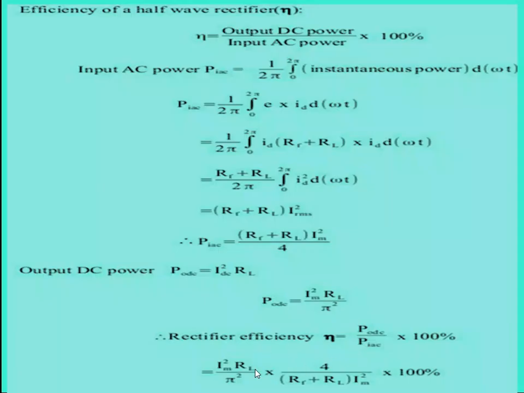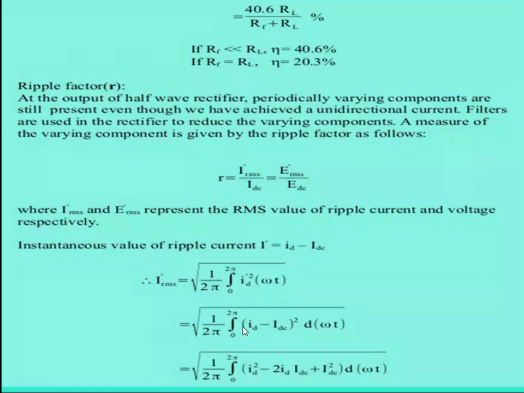And what is the value? It comes to 40.6 into RL by RF plus RL. What is RL? RL is the load resistance, RF is the diode resistance. So you can understand that the diode resistance is very small. When it is equal to the load resistance, then the efficiency will drastically reduce, almost half.